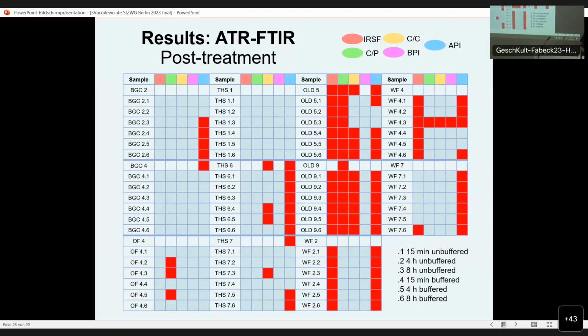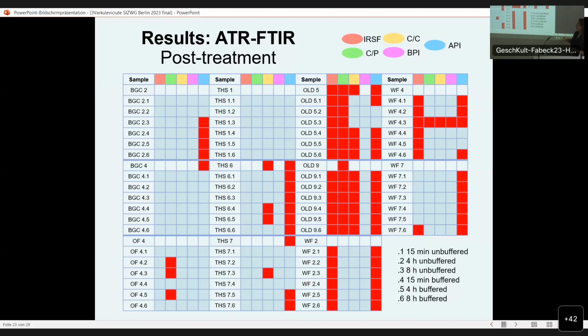What is very interesting is that when you run the FTIR of the treated samples, we had a few samples that passed prior to treatment. They passed all of the parameters after treatment, like THS1. There were some that failed the same parameters prior and after treatment, which is THS6, but most of the samples, especially the Wadi Feynan and the Oldenburg samples, all go worse after treatment.